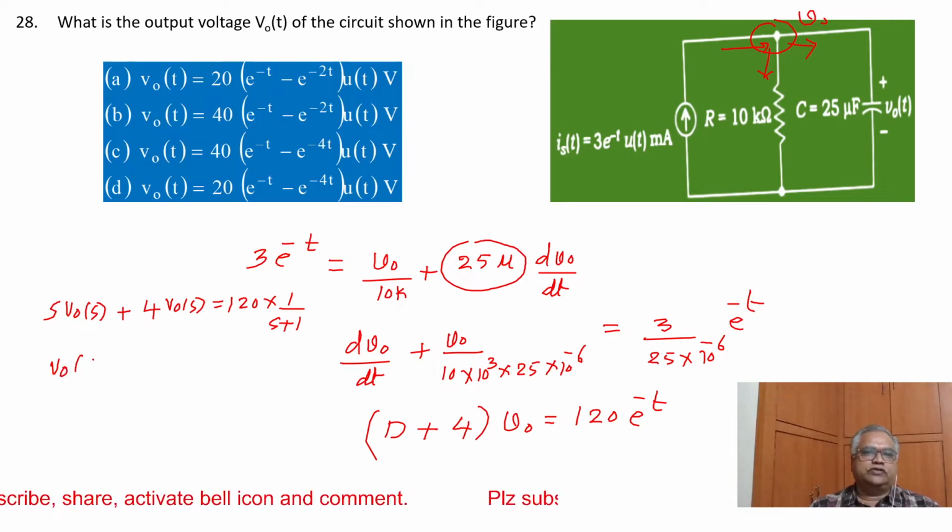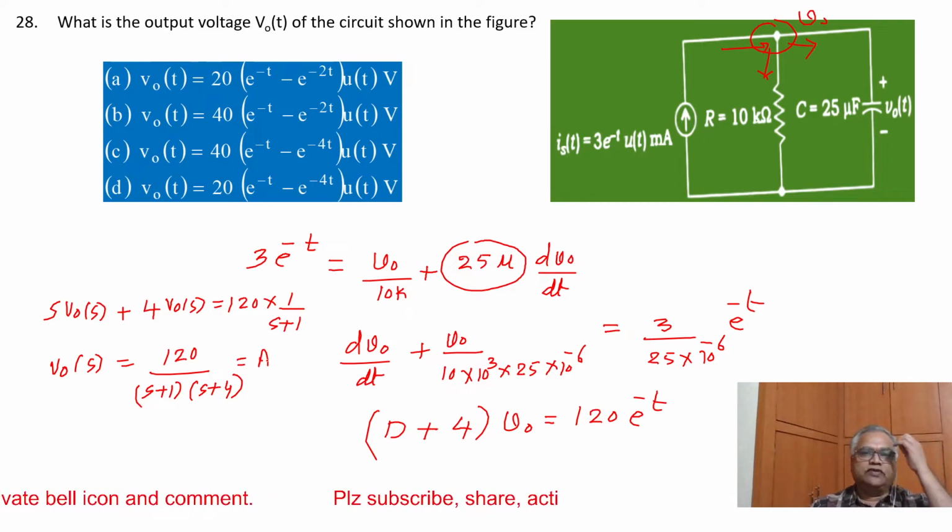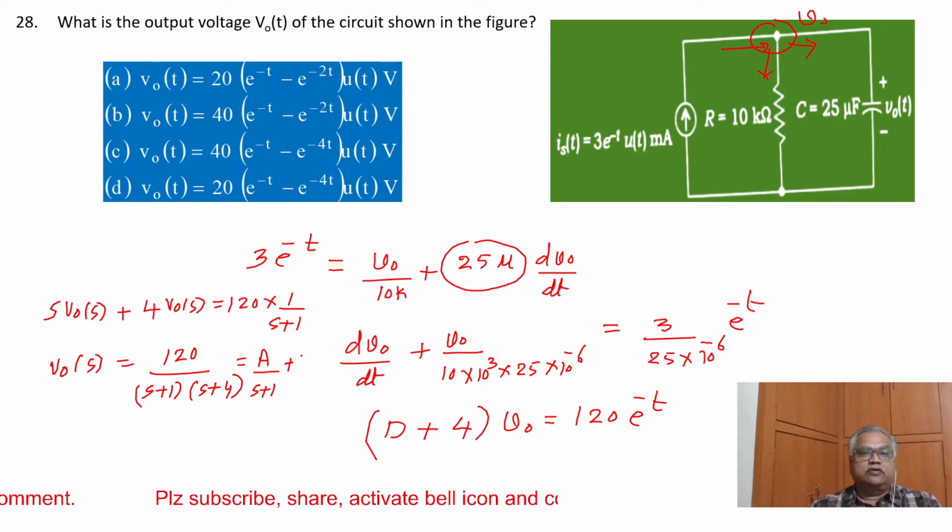V0(s), if I take common, we'll get 120 by s plus 1 into s plus 4. So this you have to solve using partial fractions: A by s plus 1, B by s plus 4.